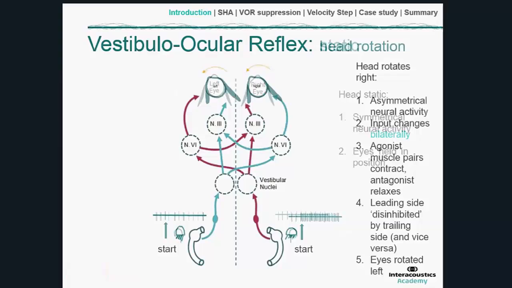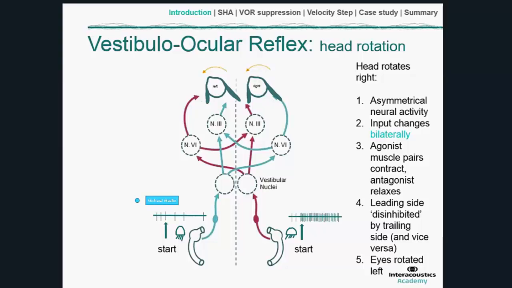And then what happens when there's a head rotation is two things. On the right ear here, this is a rightwards head rotation, as you can see from the notes at the top there, and a rightwards head rotation is sensed by the right ear, and that causes deflection of the stereocilia of the hair cells, such that we get an excitatory response from the right ear, and this causes contraction of the left lateral rectus muscle.